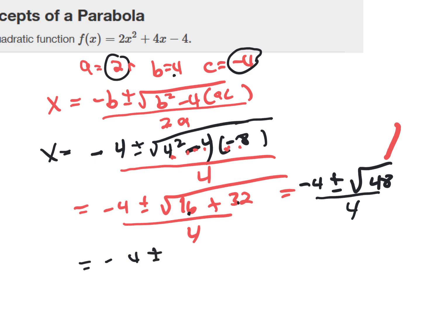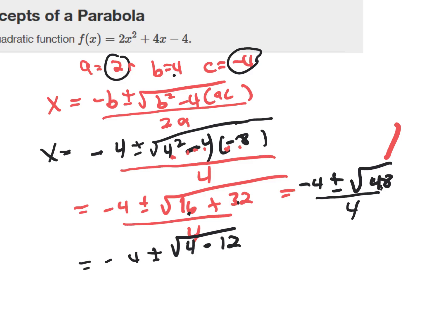I break that 48 into 2 numbers. One has to be a perfect square. Start with the 4, then check the 9, then check the 16, then check the 25. Well, I'm going to stop at 4 because I know 4 goes into 4 and 4 goes into 8, so a 4 must go into 48. So I'm going to make that a plus or minus a square root of a 4 times 4 goes into 48. 4 times 12 is 48.